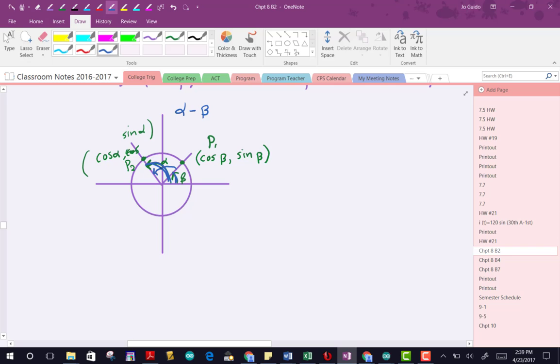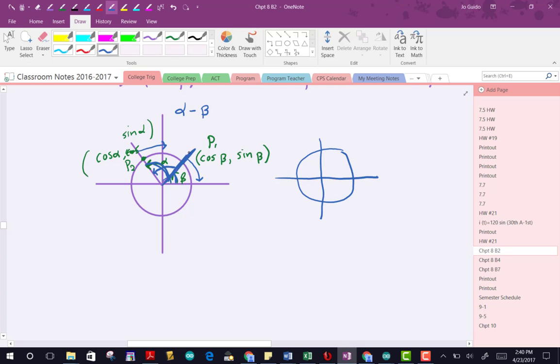And what we want to do is redraw our x and y axis and redraw our unit circle. And we're going to shift this triangle around a little bit so that this side sits on the x-axis.